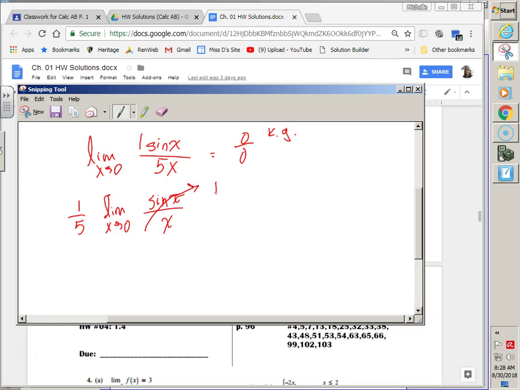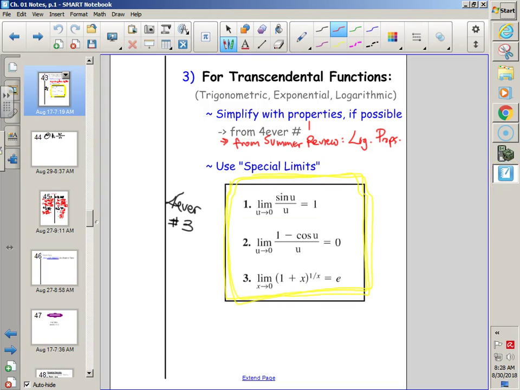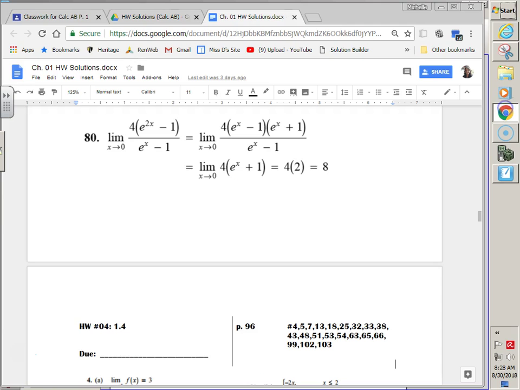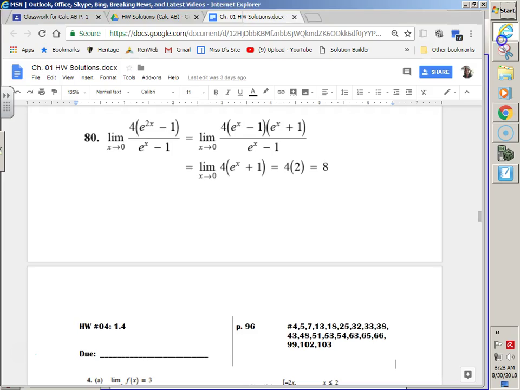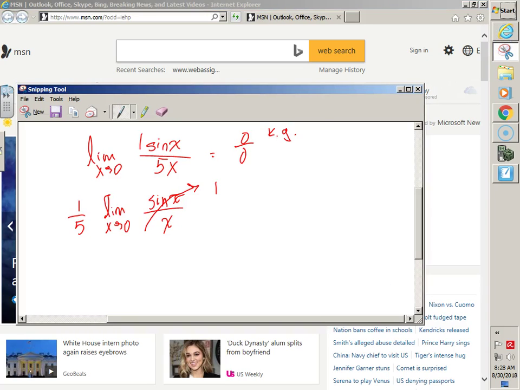Good. So this function will approach 1 as x approaches 0, and that all comes back to right here. Does that make sense? So then once we have that, it was as easy as 1/5 times 1. No more writing of limits, because we took it by using the property.